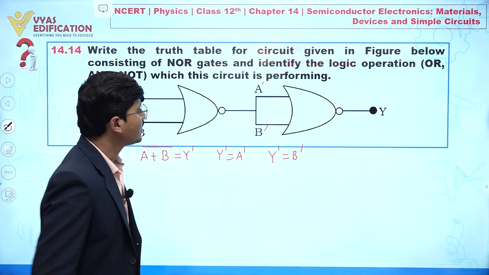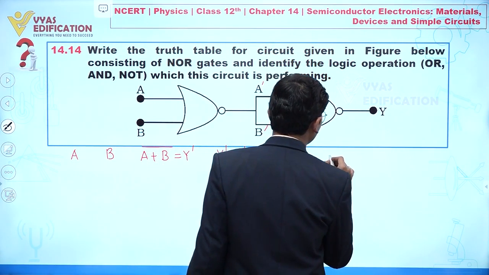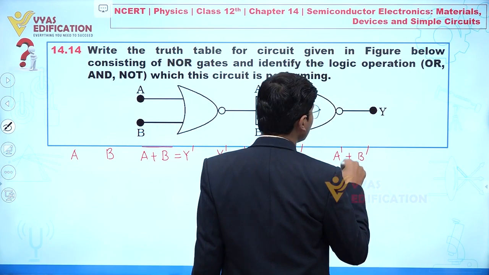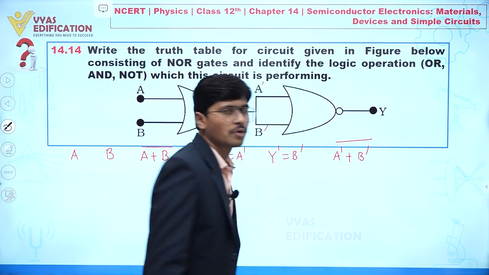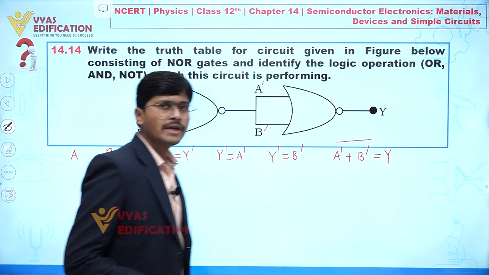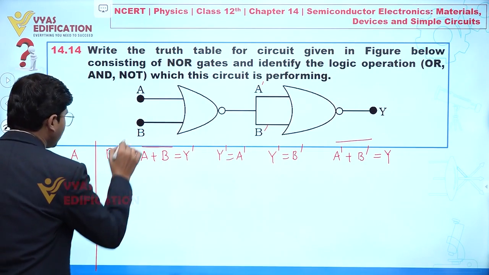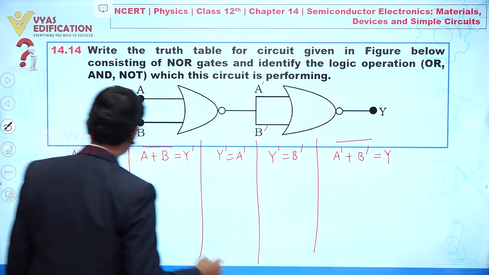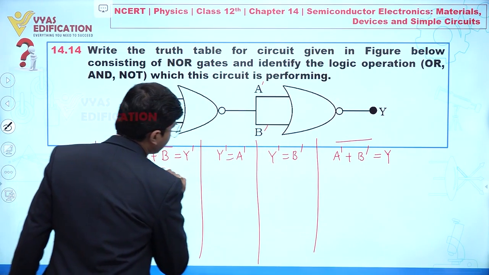Now we are getting again a NOR. So NOR means A dash plus B dash, and this is NOR, and this is equal to Y. Now we can place all values of inputs, and definitely we will get 4 possibilities.